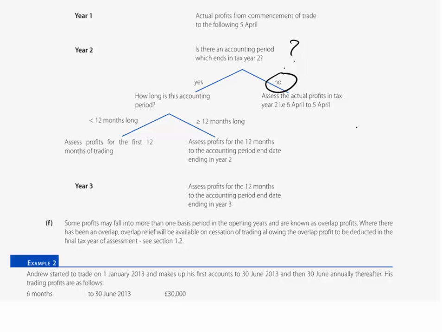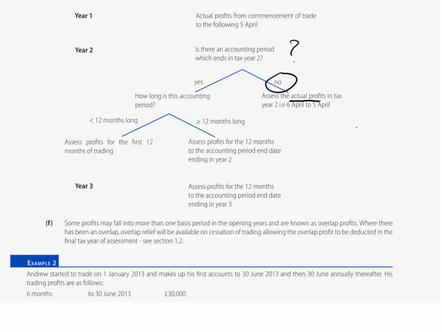We have a long opening period, but we traded through the first tax year, through the second tax year, and not had an accounting period ended until the third tax year. So do we have an accounting period ended in the second tax year? No. So again, the question is, which 12 months of profit will be assessed in this tax year?